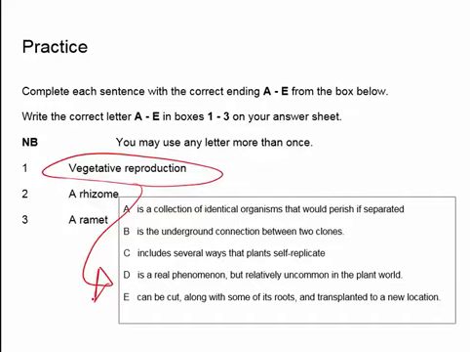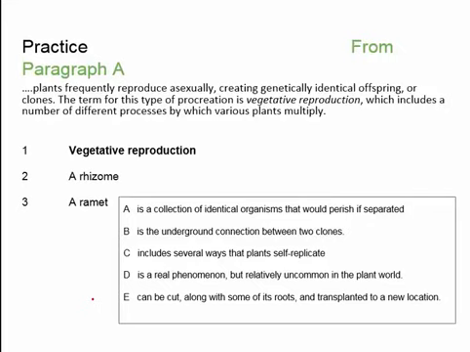Well, what do you do now? My suggestion is to go back to the passage first and read the sentences around the phrase vegetative reproduction that you found. And maybe an answer can be quickly discovered just by doing that, okay? So, sure enough, paragraph A is the one place where we see that phrase, vegetative reproduction, where it says, plants frequently reproduce asexually, creating genetically identical offspring or clones.